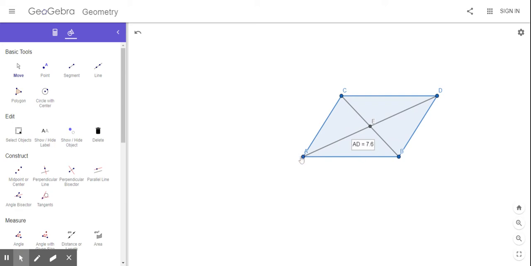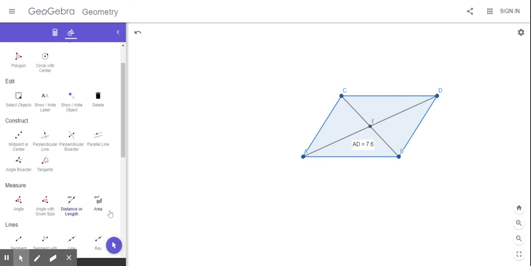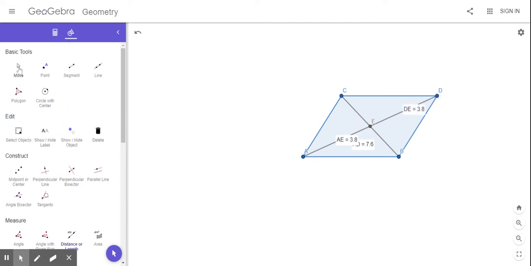So AD, that's the entire diagonal, is 7.6. So now I'm going to measure the pieces. So A to E, and then D to E. Now let me move those so we can see right where they're at. Okay, so remember, this one is the whole that I'm hovering on, and these two are the pieces.